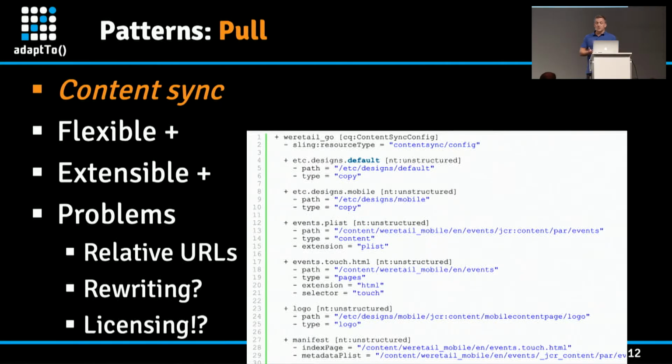Okay. So AEM, or CQ before it, has supported static content generation since very early days, maybe its inception. Content sync is one of those tools that provides that. This is a pull model. The content sync was originally there for AEM Mobile and allows you to generate a static representation of your site.